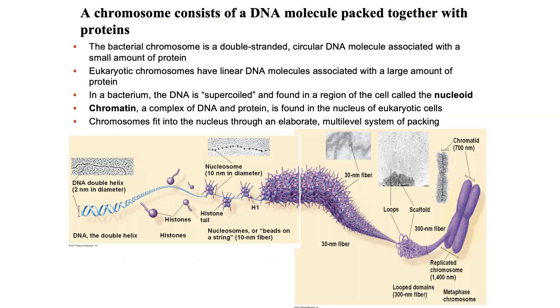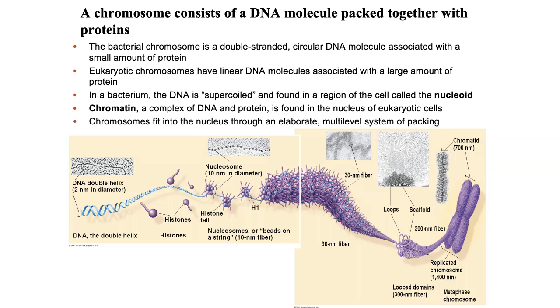To wrap up this chapter, let's finish off with looking at the chromosome structure, because it's important in understanding how the cell is able to wrap it up and condense it or open it up so that the DNA can be read for gene expression. Because remember, the DNA molecule is very long.